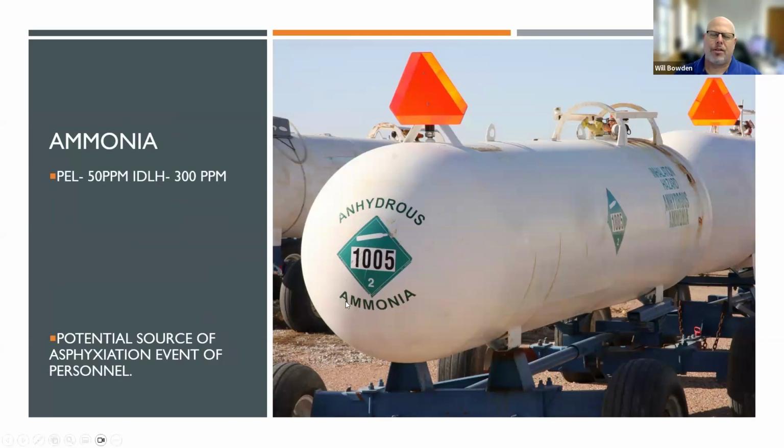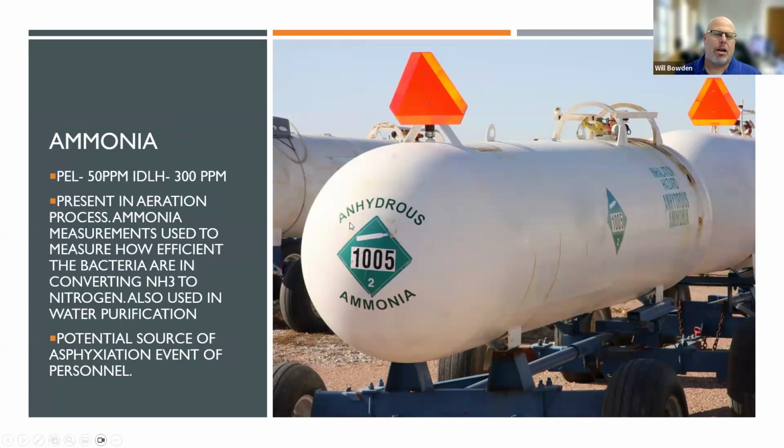The next gas we want to discuss is going to be ammonia. Ammonia has a PEL of 50 ppm and an IDLH of 300 ppm. Ammonia is present in the aeration process, and typical ammonia measurements within the water are used to measure how efficient the bacteria are in converting the ammonia to nitrogen.